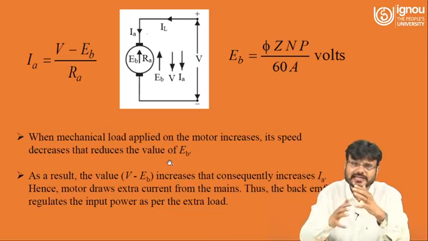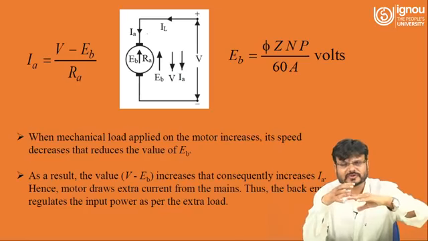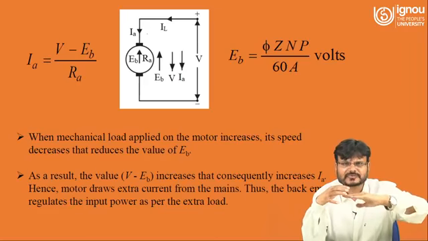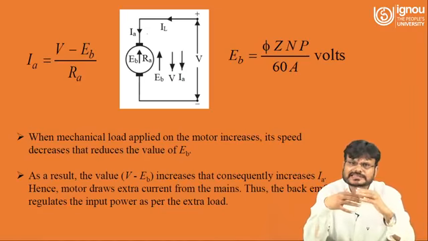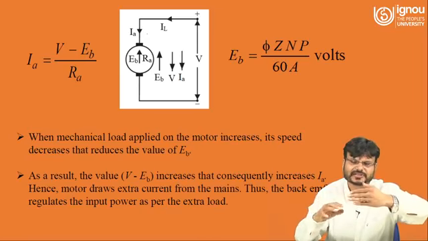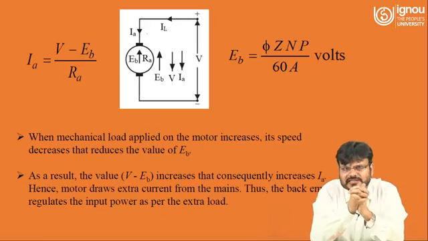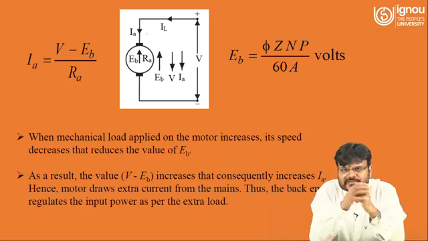Because when you are applying some load on the DC motor, the motor is giving some mechanical power, or you can understand the shaft is moving and you are putting some extra load, right? Suppose some train is moving.